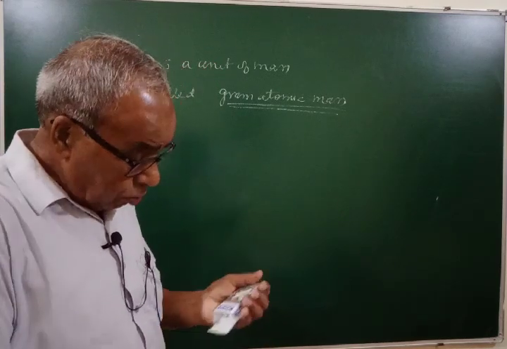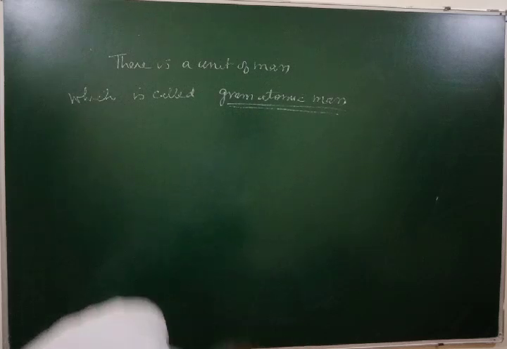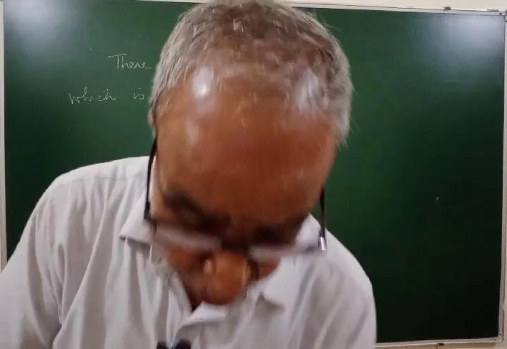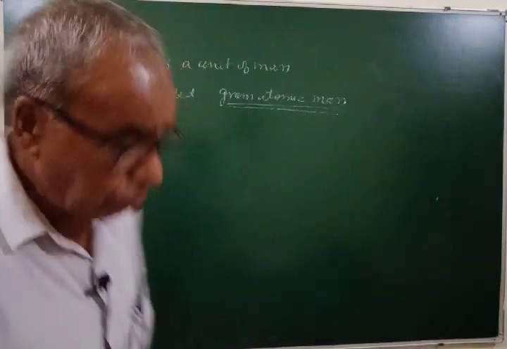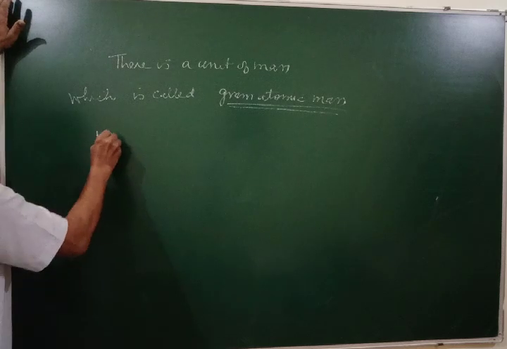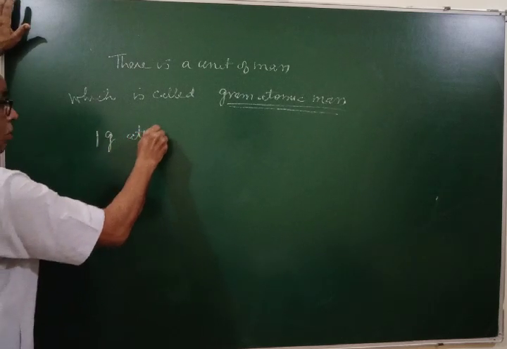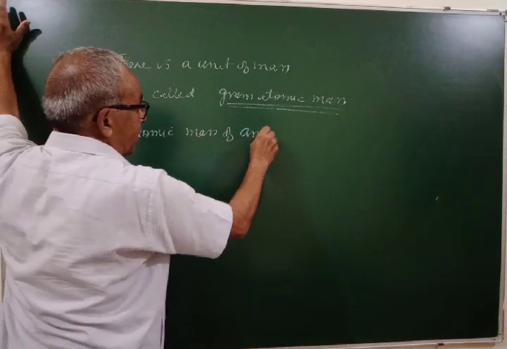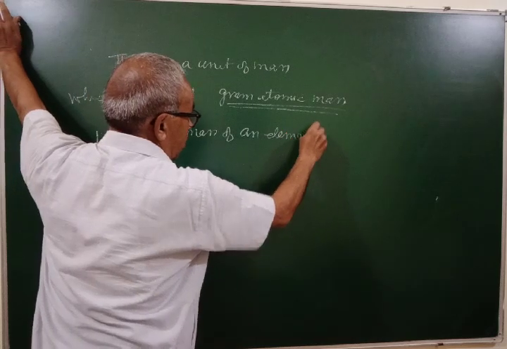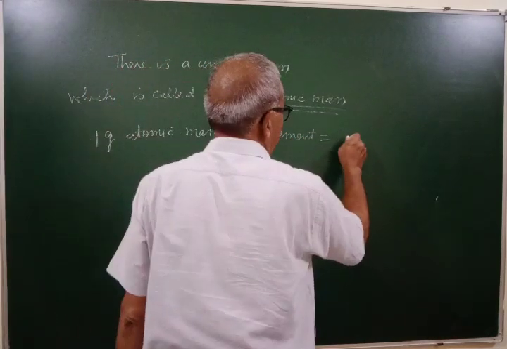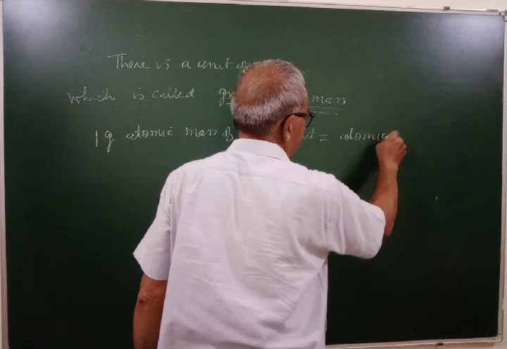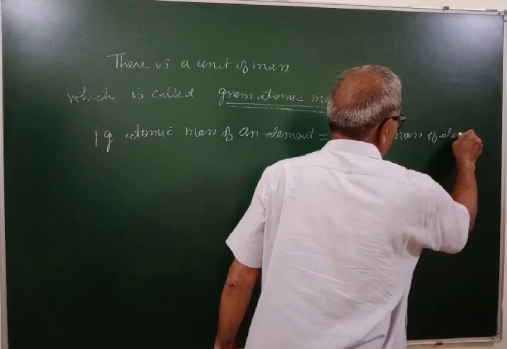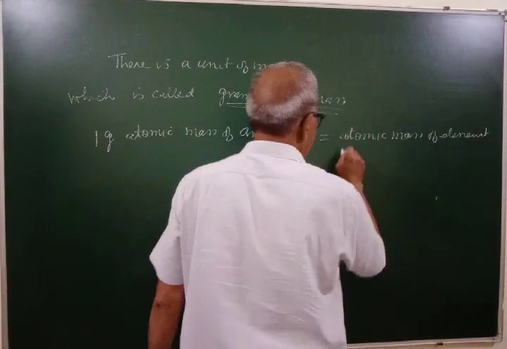It is used to measure the mass of atoms or molecules. So how much mass is 1 gram atomic mass of an element? It is equal to the atomic mass of the element taken in grams.